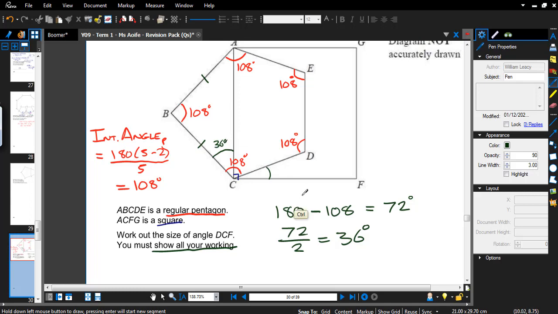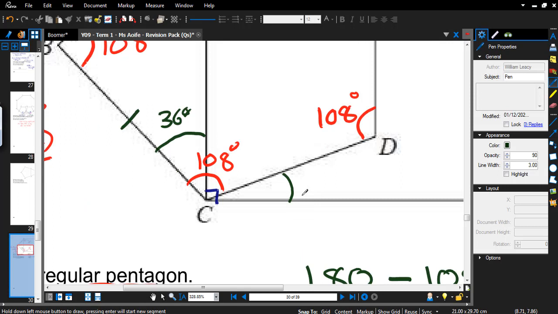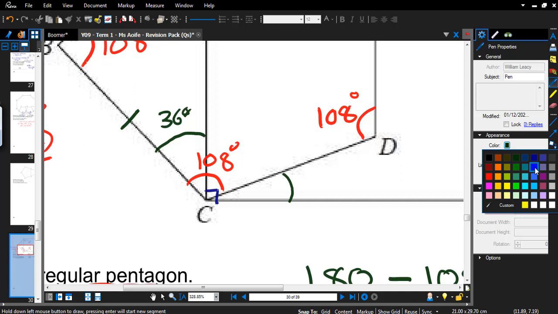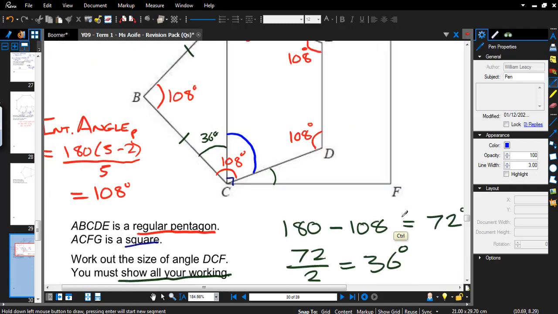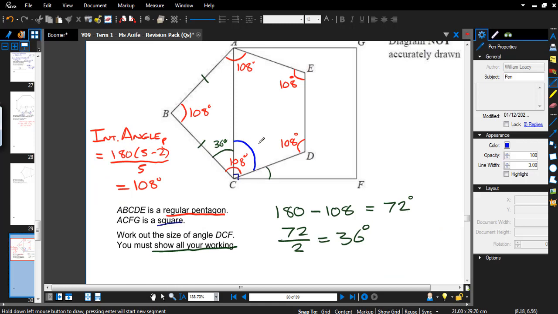Now, let's come inside here. If that's 36 degrees and this is 108 degrees, it is a bit congested here, but we'll persevere. What angle would that be? Because we know this is 36 and that's 108. So you've got to show your work in here. Even I'm tempted to just write it down. But let's look at this.